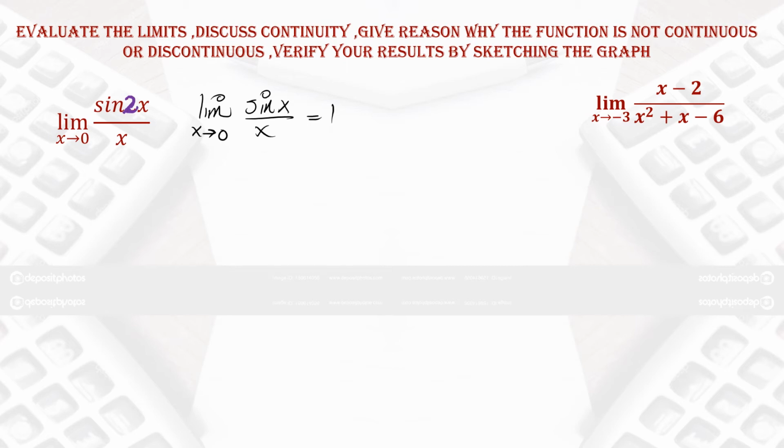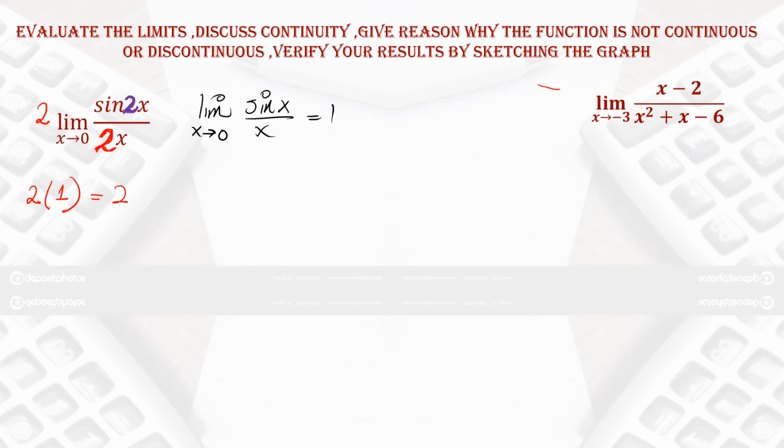Since you don't have the 2, you write it here, which means dividing by 2, and if you are dividing, you have to multiply by 2 in order to balance the equation. So now this is 2, and the whole limit becomes 1. So 2 times 1 gives you 2.